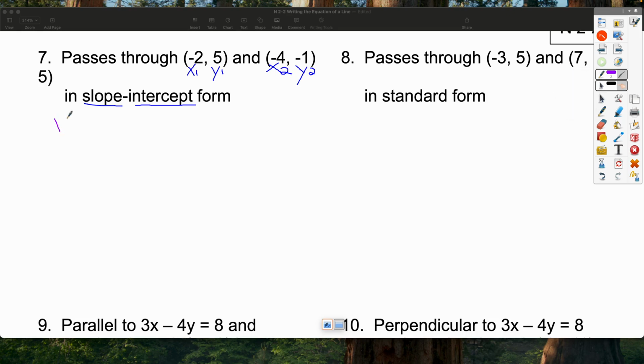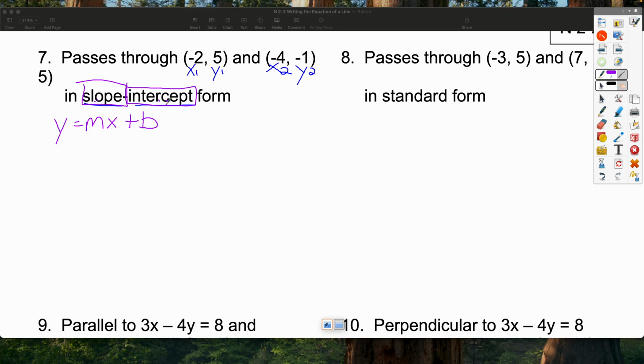That's the formula. I'm asking what do I need in order to write it in slope-intercept form? What are 2 things that I need? A slope and a y-intercept. An x-intercept doesn't count. We have to have a y-intercept and a slope in order to write it into slope-intercept form.